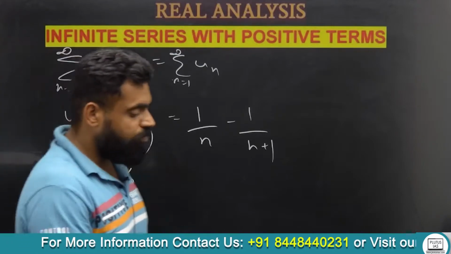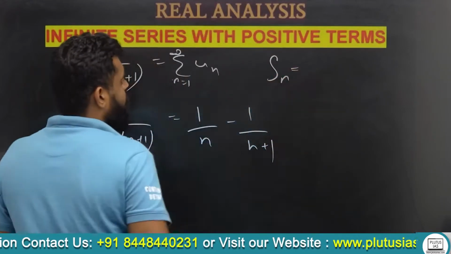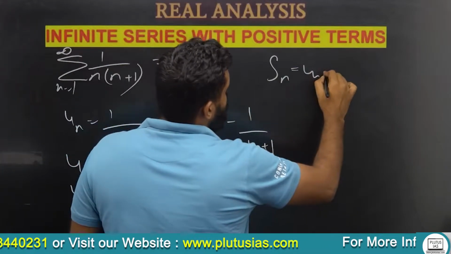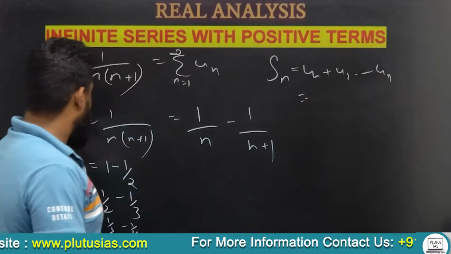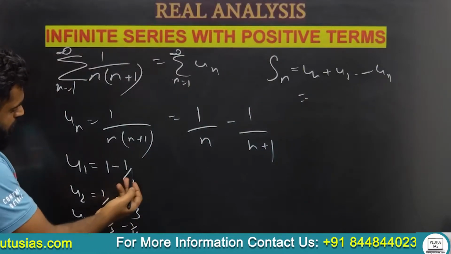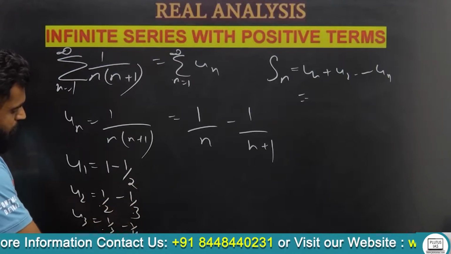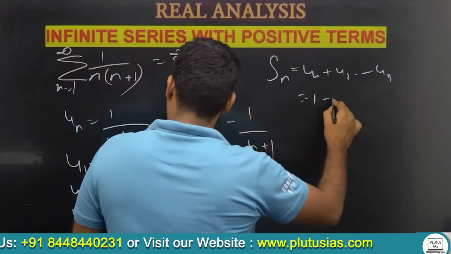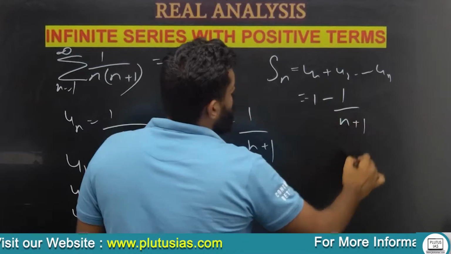If we find the partial sum here, Sn would be nothing but u1 plus u2 up to un. Adding this, we see that all these terms would cancel out. 1 by 2 would be cancelled here, 1 by 3 cancels, and cancelling all these terms, we get the value 1 minus 1 upon n plus 1.